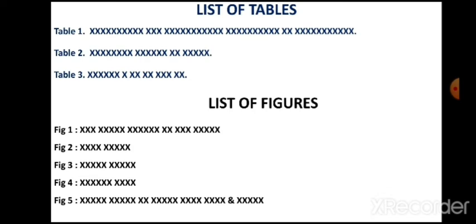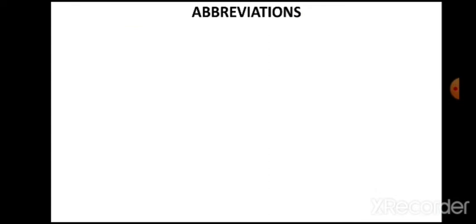Followed by that, the list of figures. You need to arrange the tables in order, and you need to arrange the figures in order. So figure 1 and the figure caption. This is called the figure caption, the title of the figure. So whatever number of figures you have, you need to write a caption for all these figures and tables.